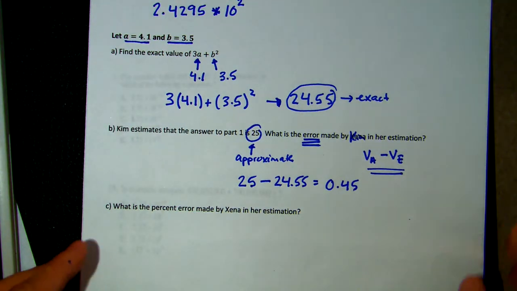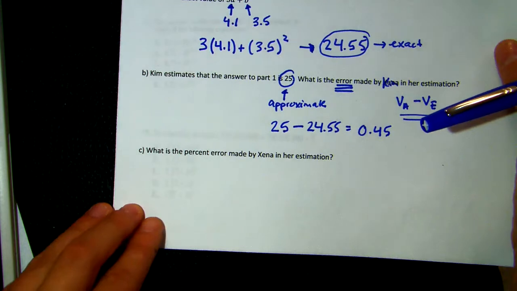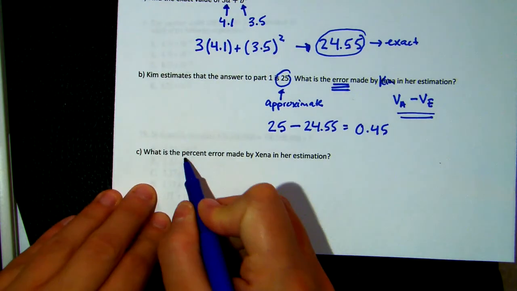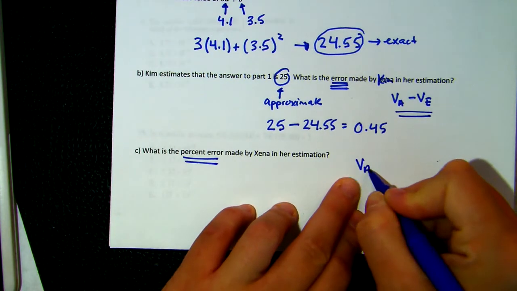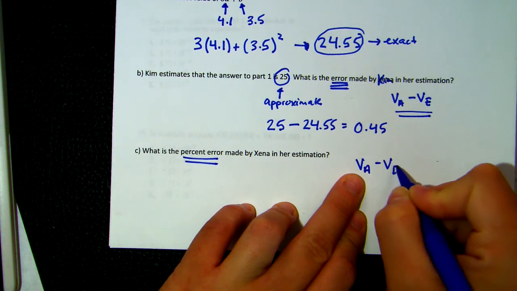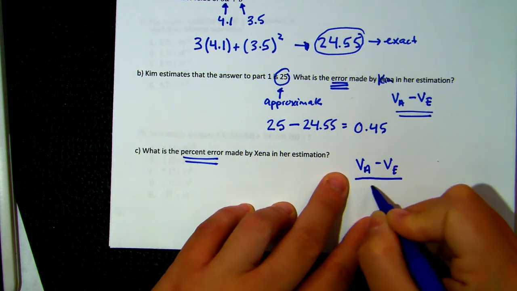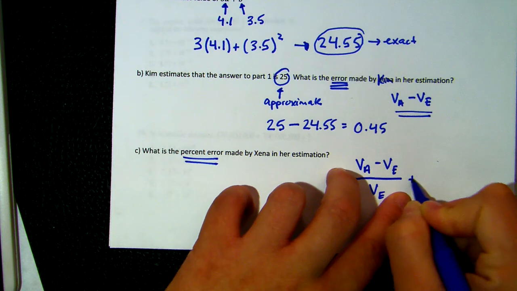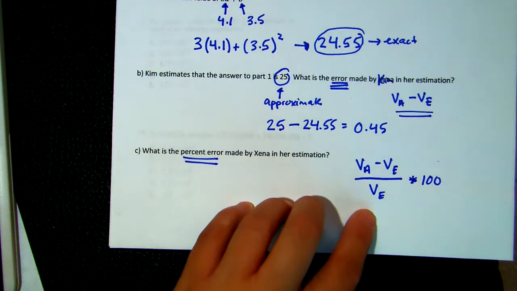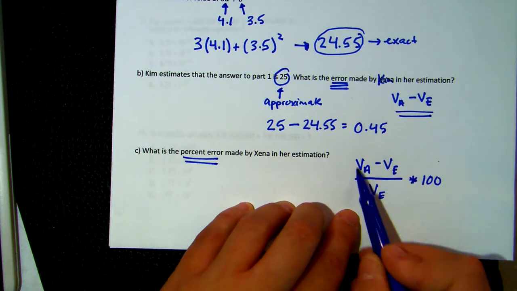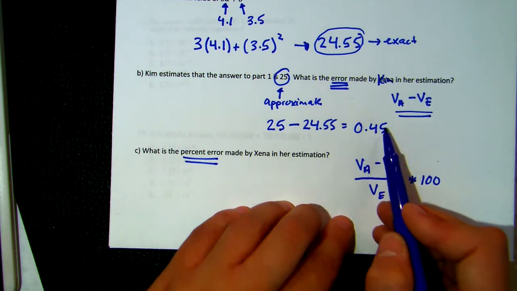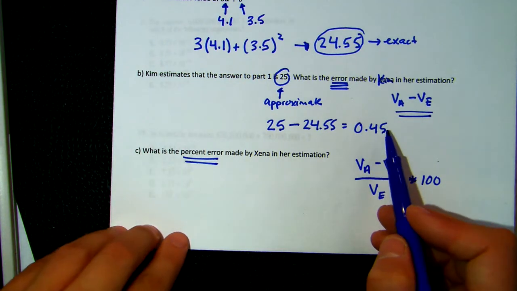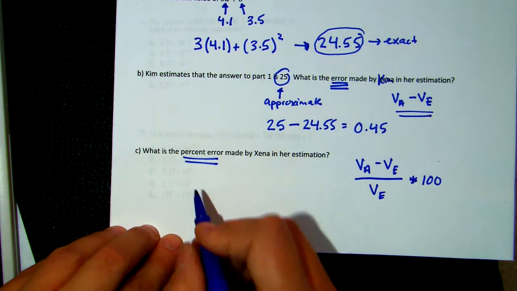What we're going to do next, it says what is the percent error, which is a very, very similar formula. Our approximate minus our exact over our exact times 100. We've already calculated this piece, right? It was 0.45, excuse me. So I'm just going to use that from before.